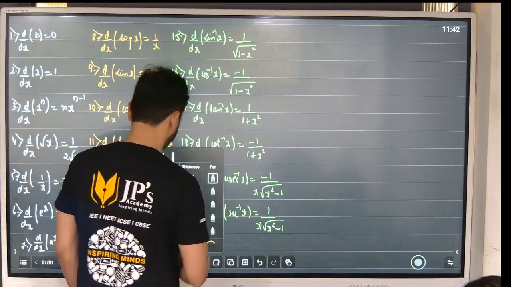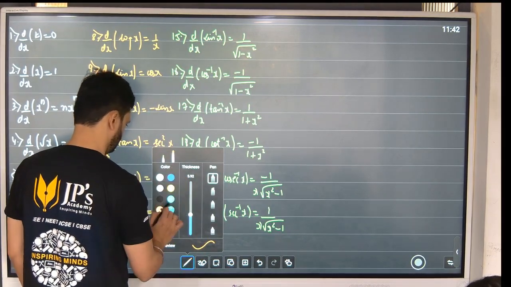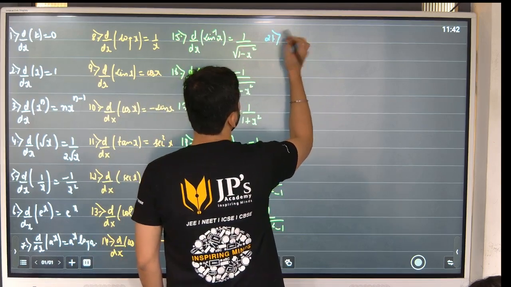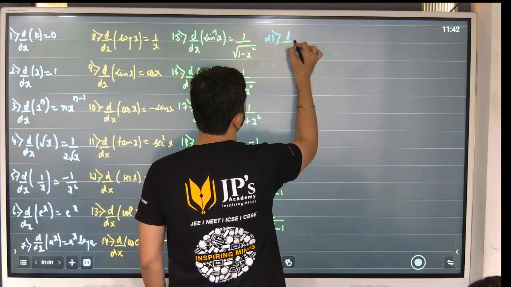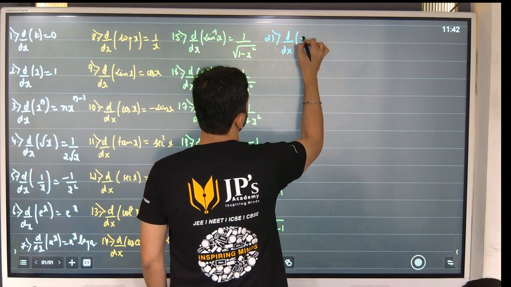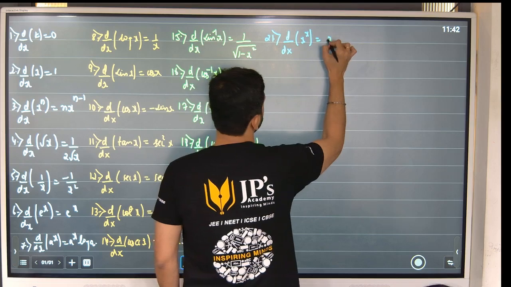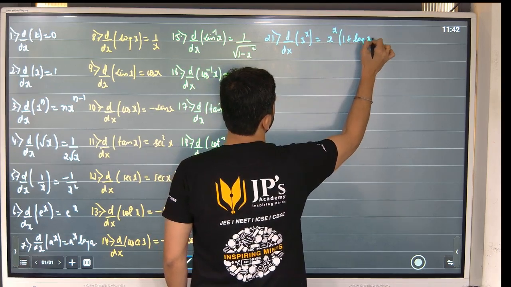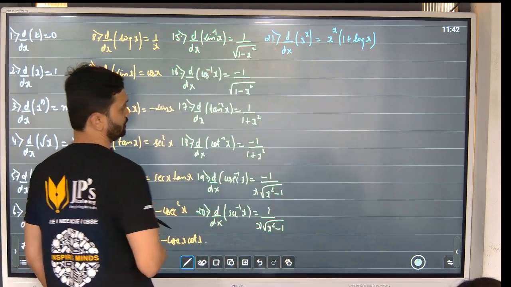Now, you can take the 21st formula as dy/dx of x raised to x is x raised to x into 1 plus log x.